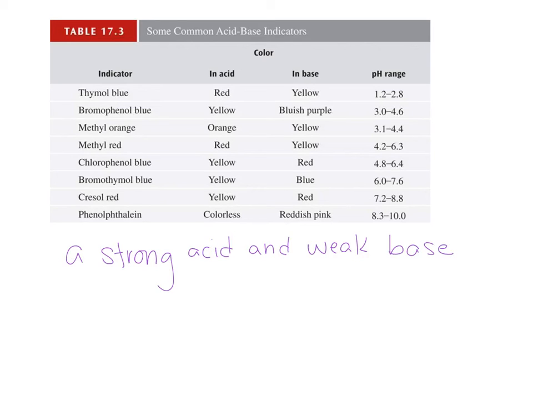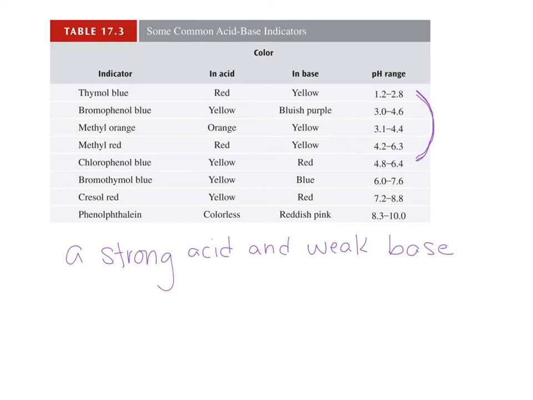So I would look to these indicators here at the top of this table to have a more acidic pH range. That is to say that the pKa is somewhere more in the acidic range. It needs to be more of an acidic solution in order to have majority HIn converted to In minus.